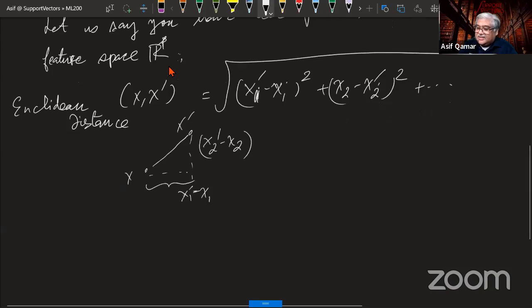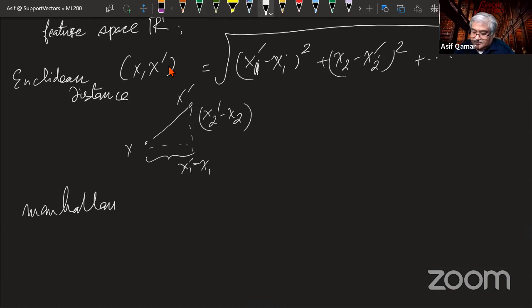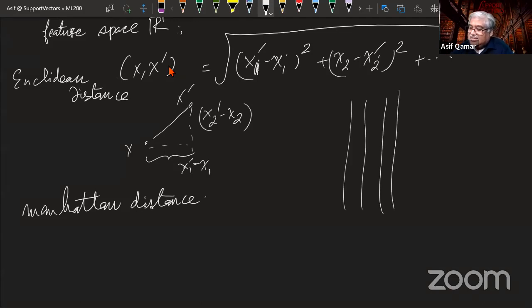If you generalize this concept, you can talk of the Manhattan distance. Manhattan distance is as a taxi driver goes, or as, I suppose, modern day Uber or Lyft would go. If you are in a city, let us say Manhattan is laid on a grid.